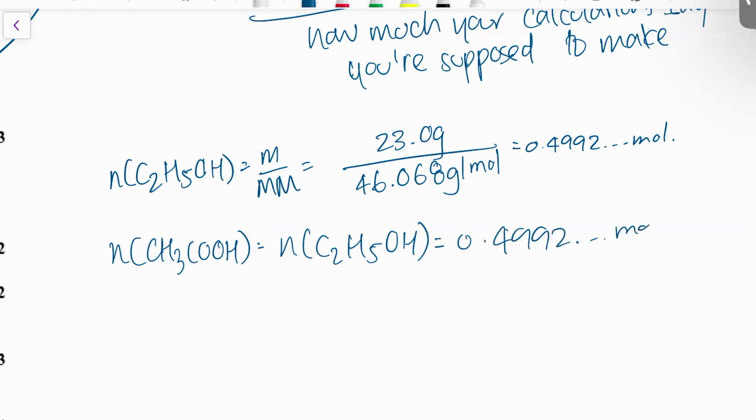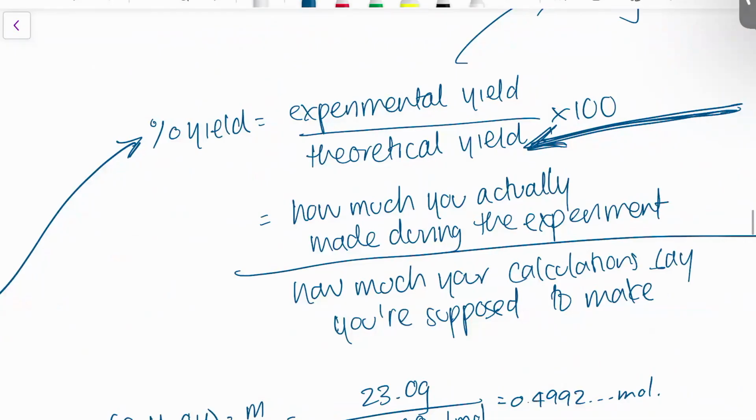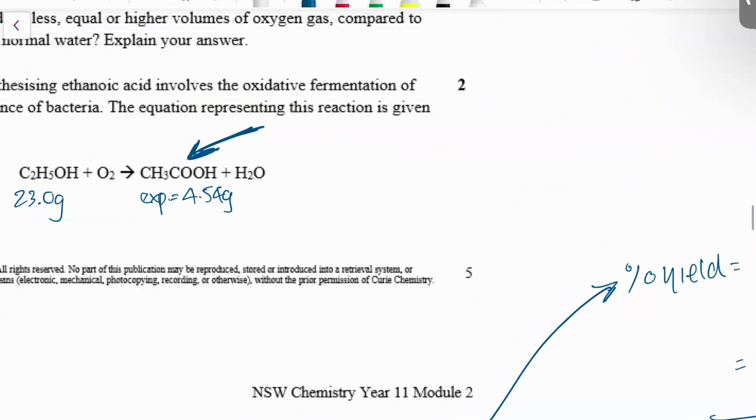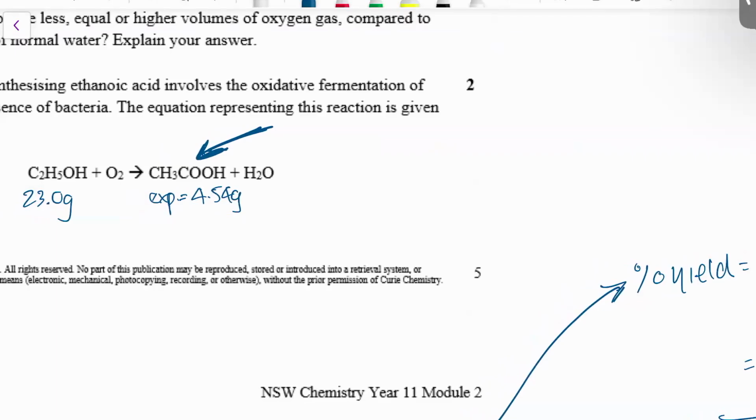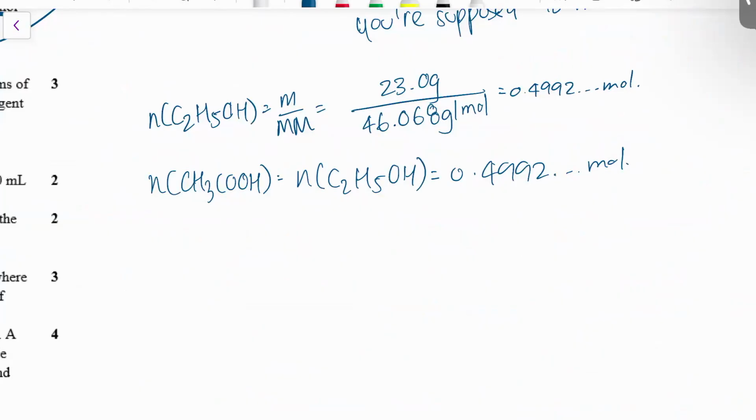And then guys, I need to get back to mass, because if I'm going to do percentage yield, they need to be the same unit so they can cancel out. They've given me experimental yield is 4.54 grams. I want my theoretical yield to also be in grams. How do I get mass from moles? It's not mass on molar mass because I'm not dividing by molar mass. What am I doing instead?